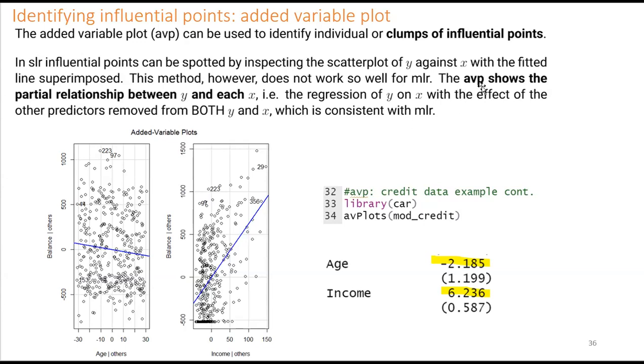The added variable plot shows the partial relationship between y and each x. Partial here means the unique relationship between y and x after stripping out the impact of all the other covariates.